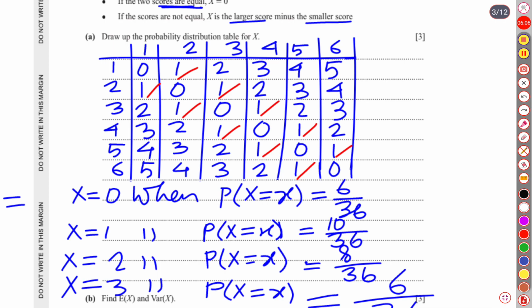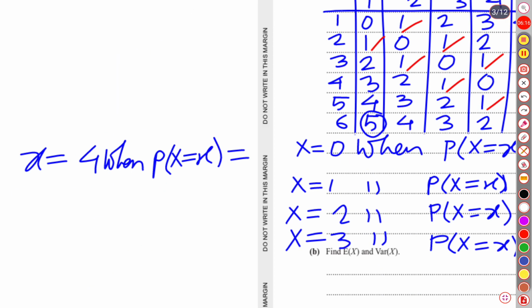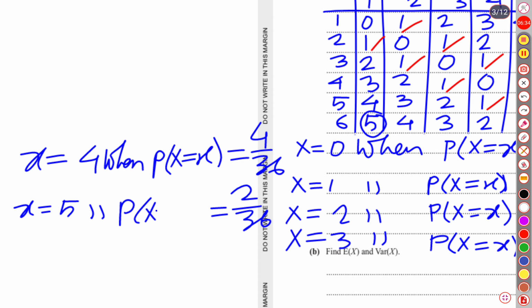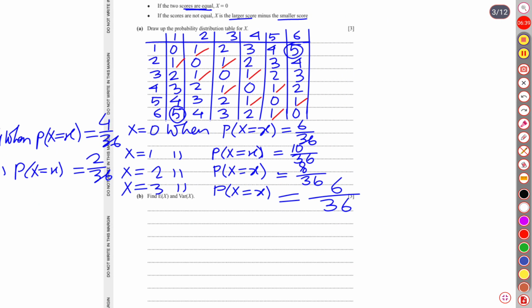And how many fives are there? 1 and 2. There are only 2 fives. So the next two probabilities are 4 out of 36 and 2 out of 36. When x is equal to 5, our probability is 2 over 36. So that's all about our probabilities.